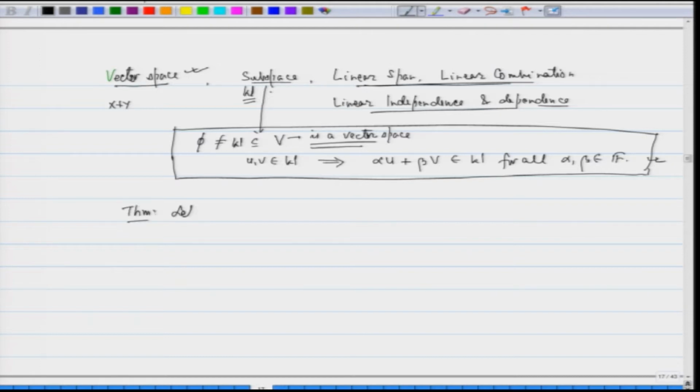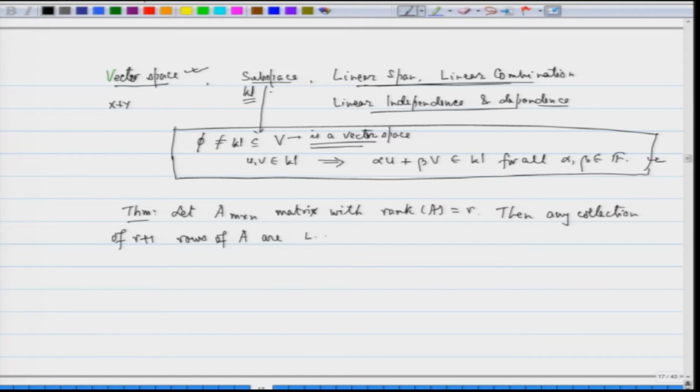Let A be an M cross N matrix with rank of A equal to R. Then any collection of R plus 1 rows of A are linearly dependent.